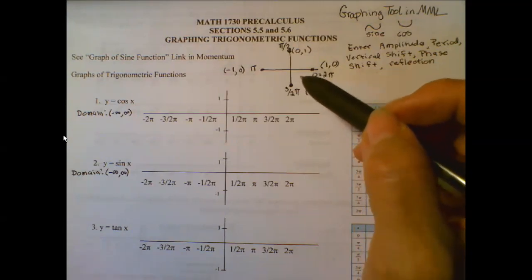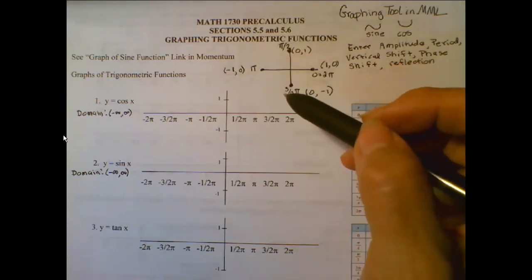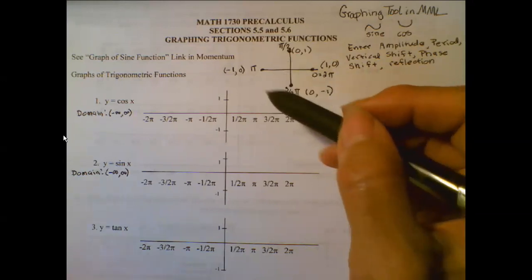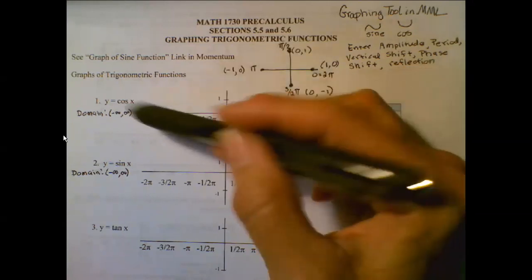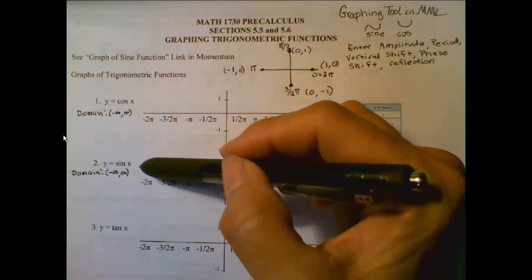You give me a degree or a radian measure of an angle, I can find that angle on the Cartesian coordinate system or on the unit circle, and then I can get the ordered pair at that point on the unit circle, and cosine is just the x coordinate of the ordered pair, sine is just the y coordinate of the ordered pair.